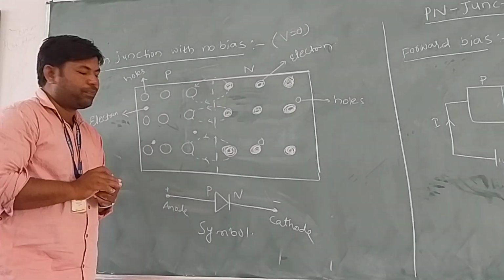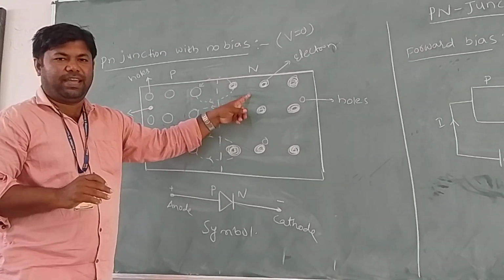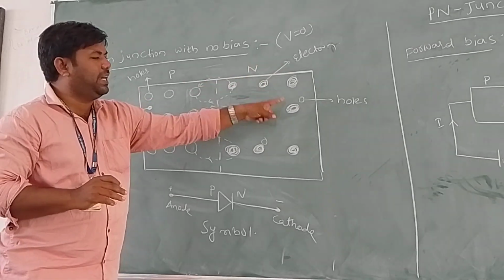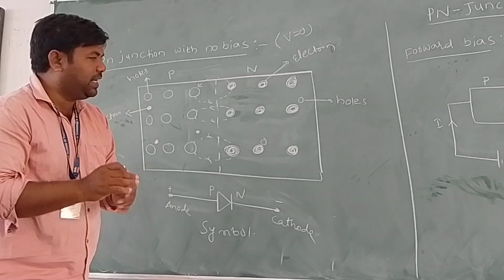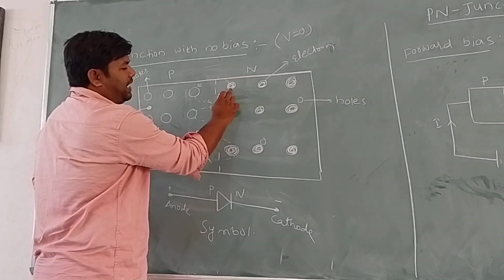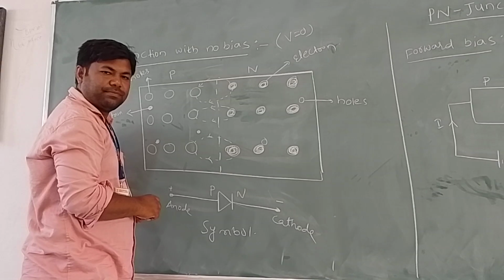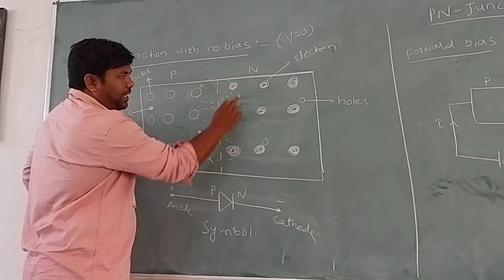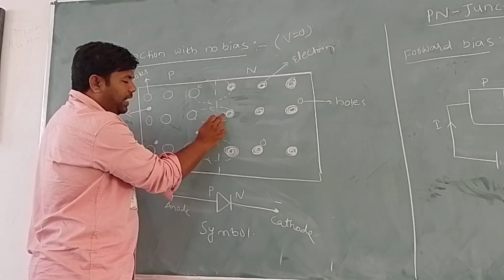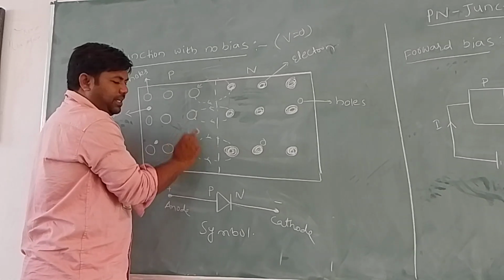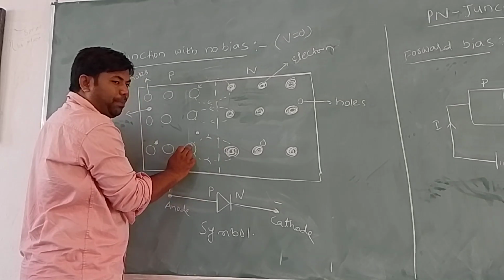Now, in the P-type, the majority charge carriers are holes and the minority charge carriers are electrons. In the same way, in the N-type, the majority charge carriers are electrons and the minority charge carriers are holes. Due to the concentration difference, N-type majority electrons cross the junction and enter the P region.